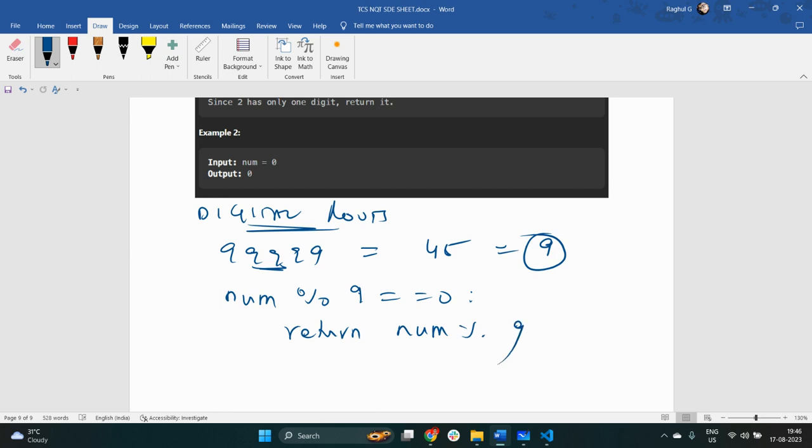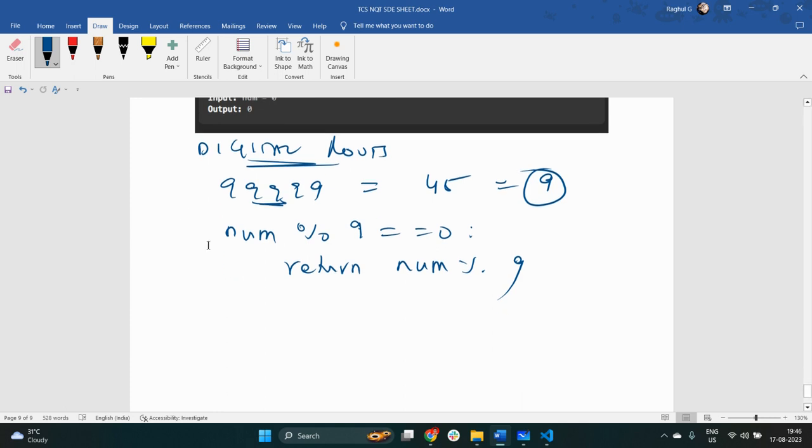If I take the remainder when the number is divided by 9, it's going to give us 9 as the answer. Let's take another number which is not divisible by 9.